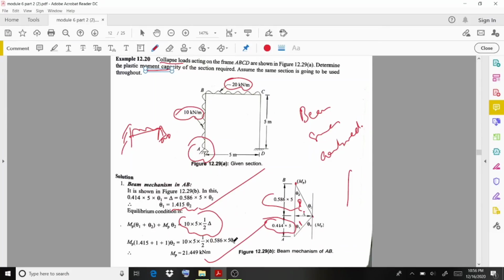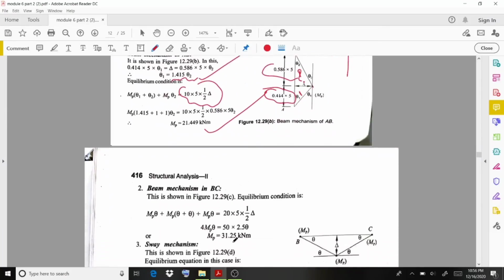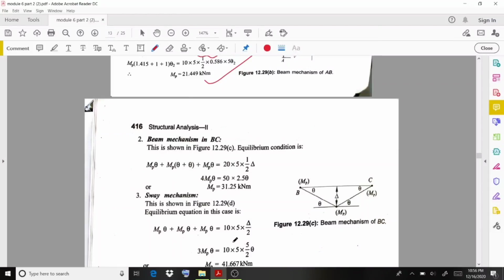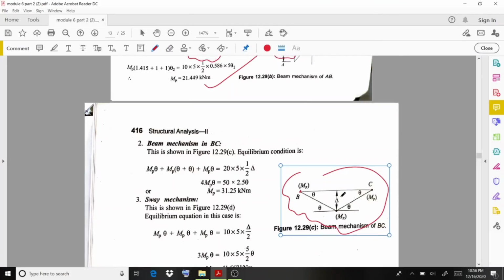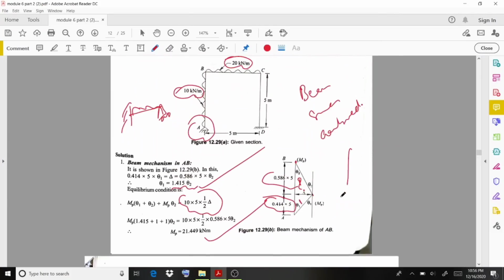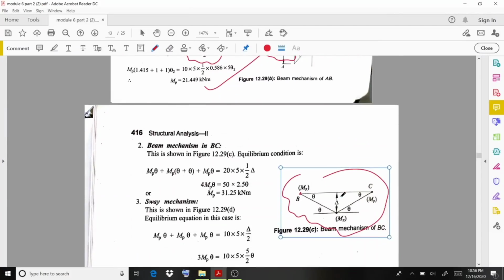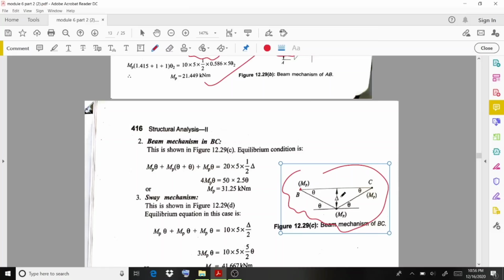In a similar way, you have to consider the BC portion also for beam mechanism, as shown here. The plastic moment will form at points B and C, and also under the load, where the magnitude of load is 20 kilonewton per meter. In this case it is not a propped cantilever; both the supports are going to be fixed.